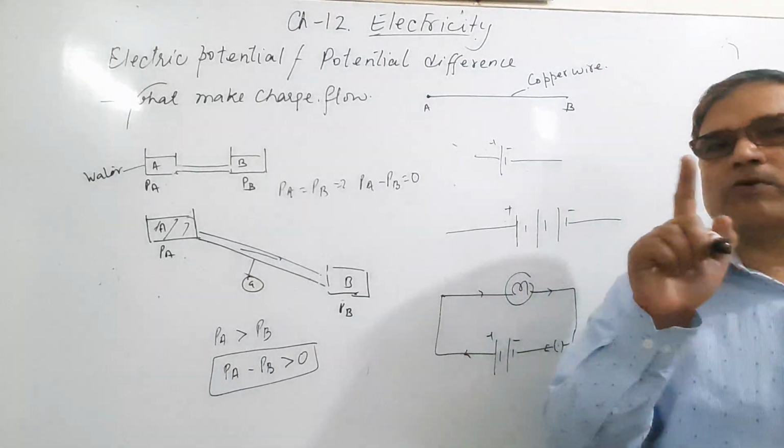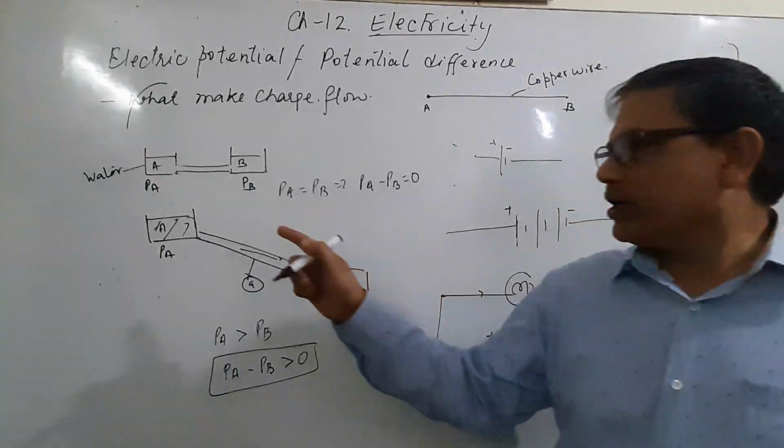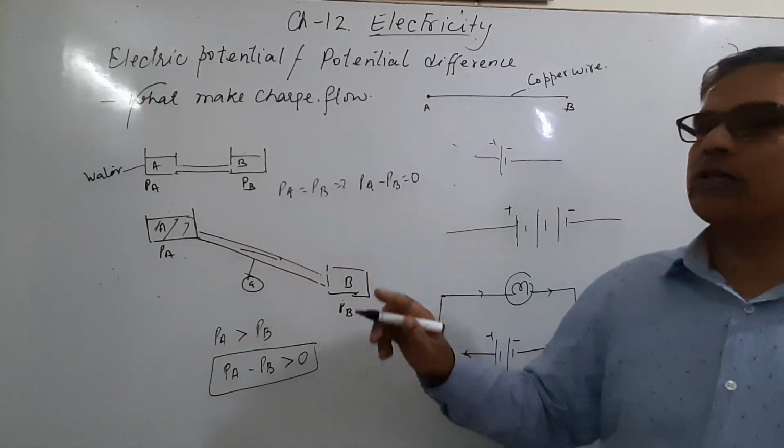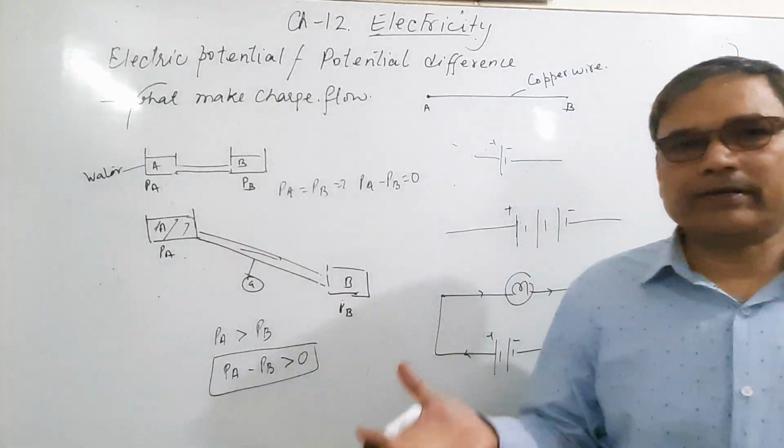Due to the difference of pressure, the water flows from A to B, and also due to gravity.